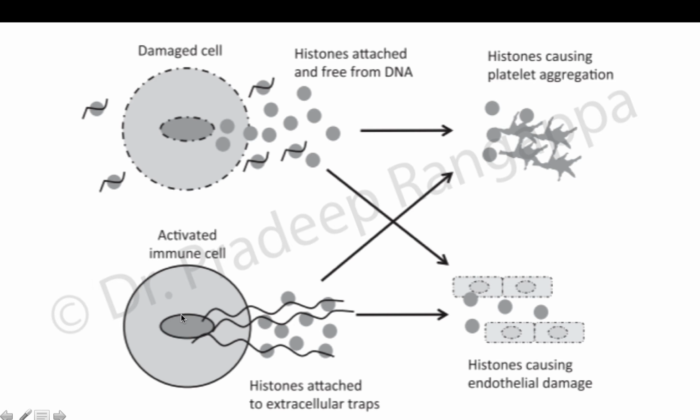This is one of the mechanisms that is cited. And in immunologically mediated thrombocytopenia, these histones get attached to extracellular traps, and that leads to endothelial damage, which leads to cellular and vascular leakage. So these are some of the newer proposed mechanisms for thrombocytopenia.